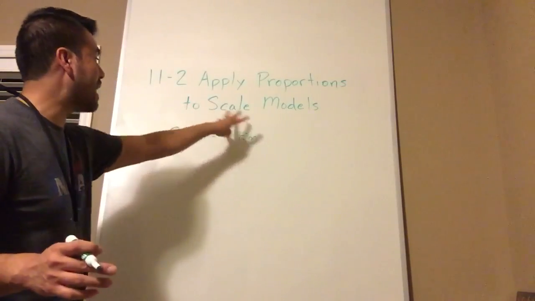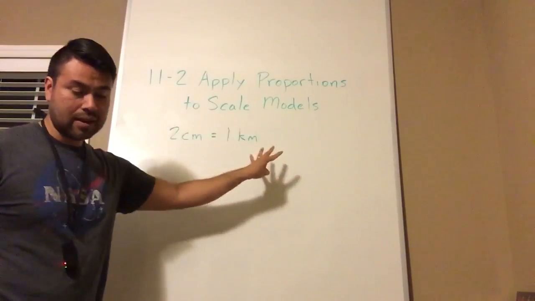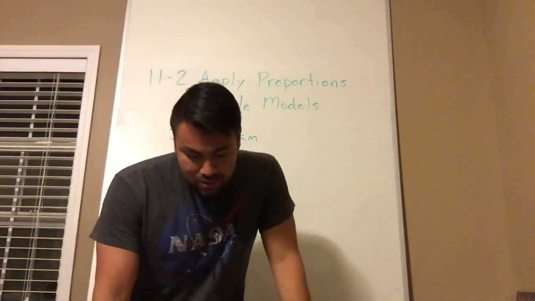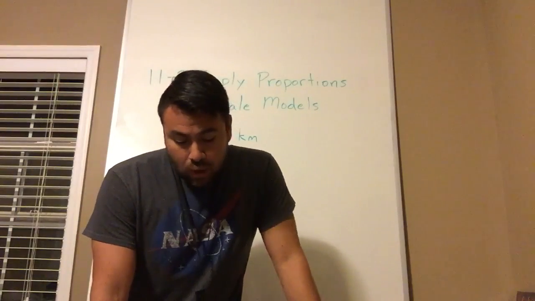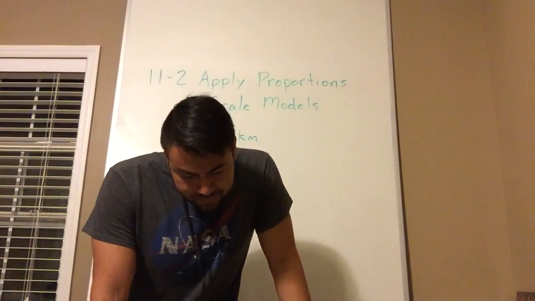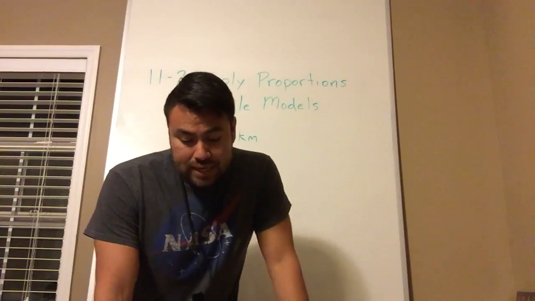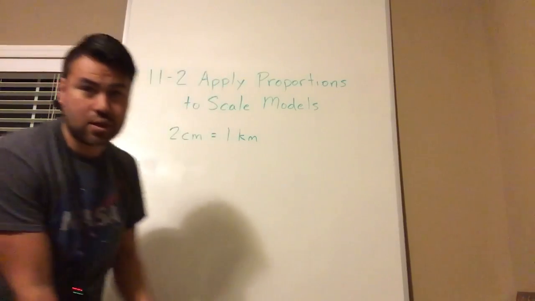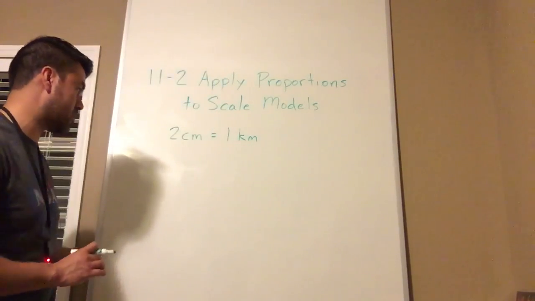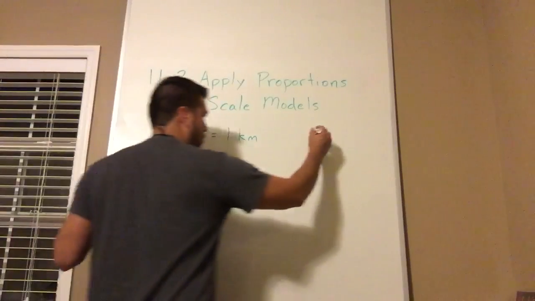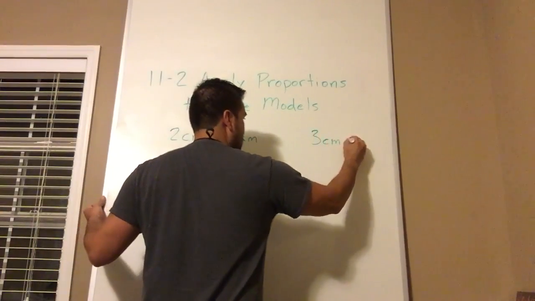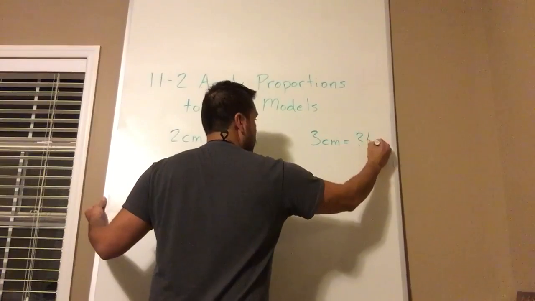If this map is to this scale, then it's going to ask you, what does 3 centimeters represent? So how much distance does 3 centimeters represent? What's that worth in kilometers?